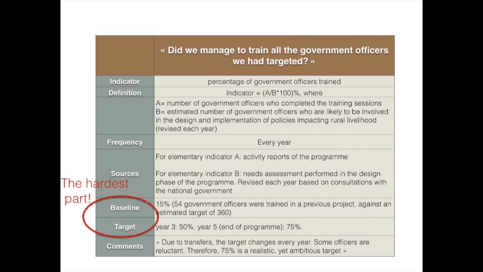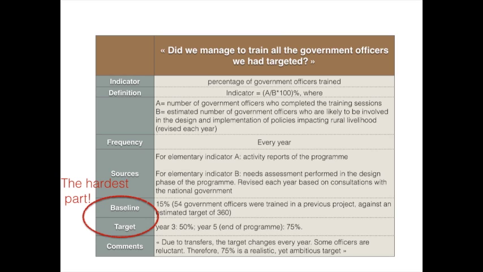It is very important to keep comments at the end of your indicator matrix, explaining your targets and explaining any other issue you may have with this indicator. So in this case, we're seeing that there are some transfers among government officers.